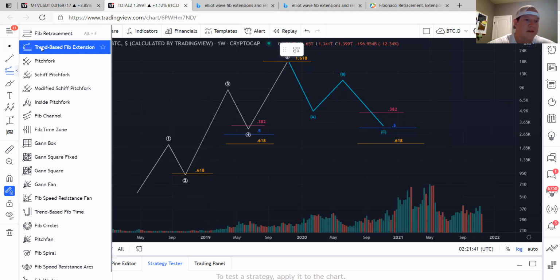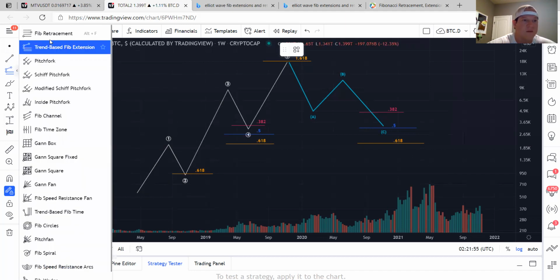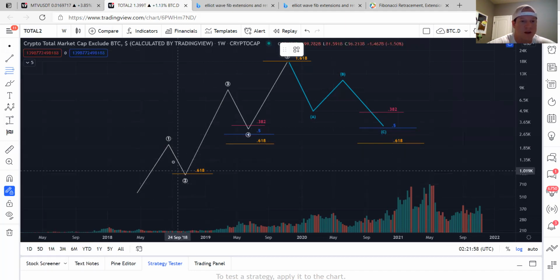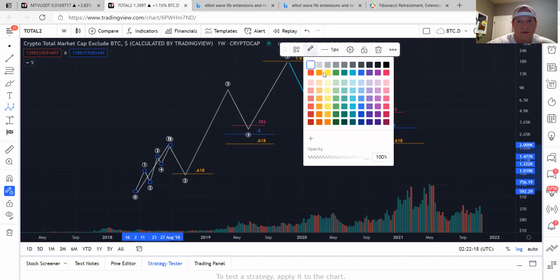So grab your trend-based fib extension tool, and we will assume that this price from here to 1 has already happened. In order to find where we think 2 is going to retrace down to, assuming this is a leg 1 up, which would be a 5-wave structure, on a lower time frame it would look something like that.